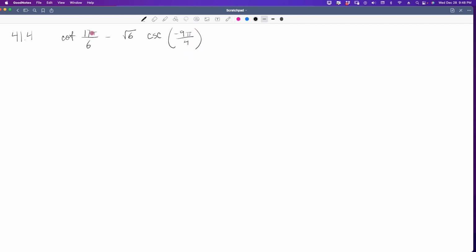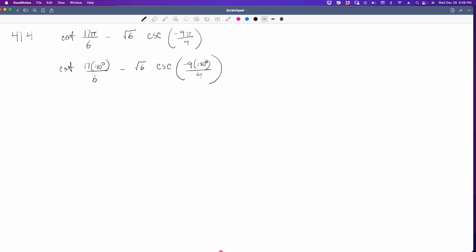So right away, I'm going to insert the 180 here. Cotangent of 17 times 180 degrees divided by 6 minus square root of 6 times the cosecant of -9 times 180 degrees, and I didn't do my other parentheses there, over 4.